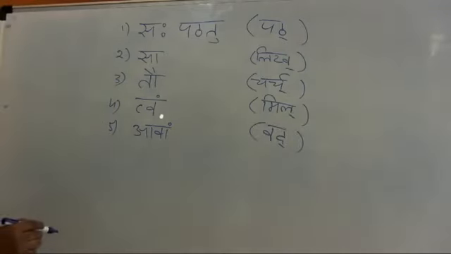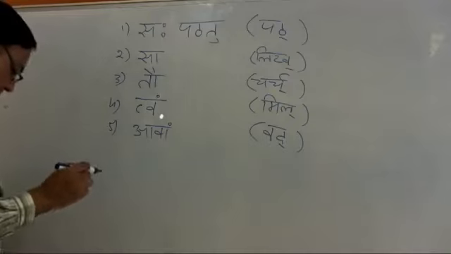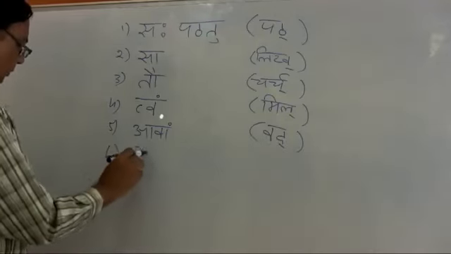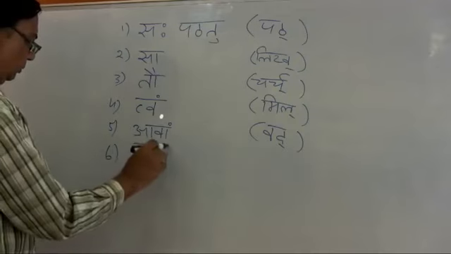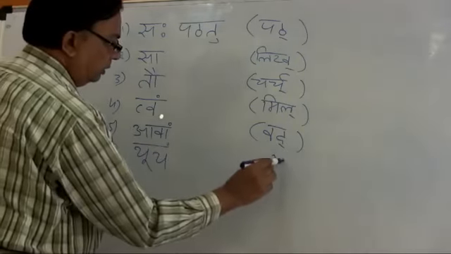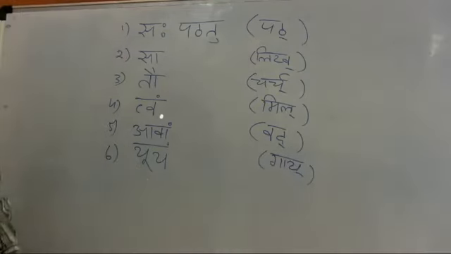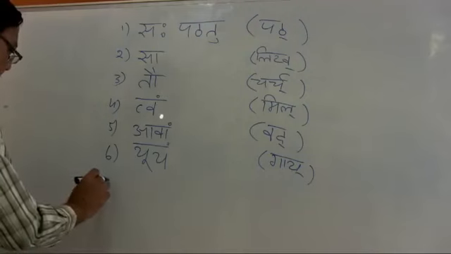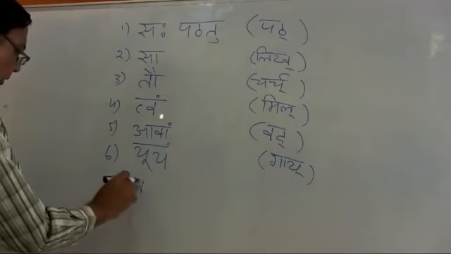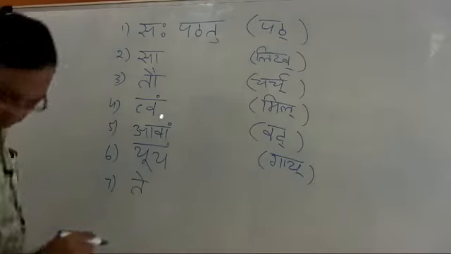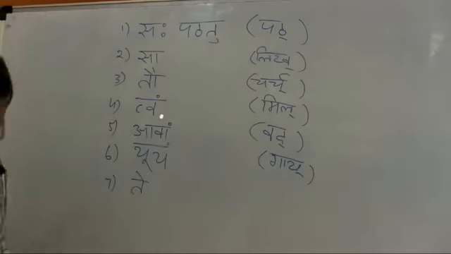Yuyam Gaya. Sixth one, verb to be derived Gaya, to sing. Seventh one is they, and the verb to be derived sucha.